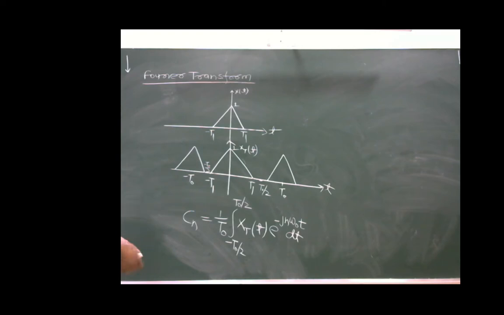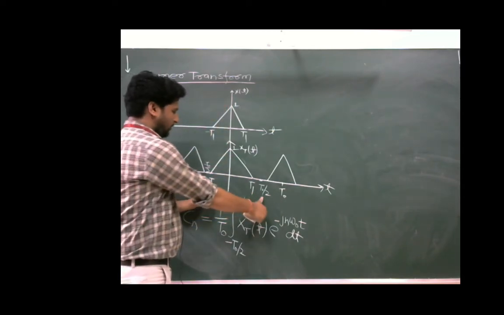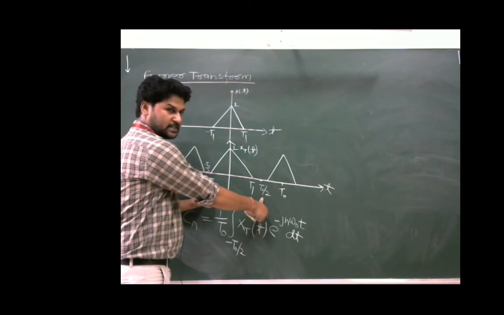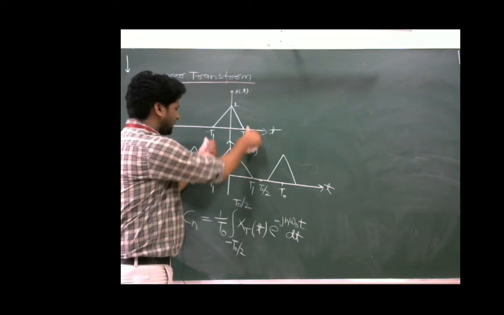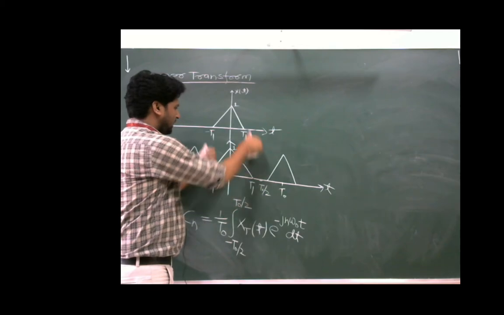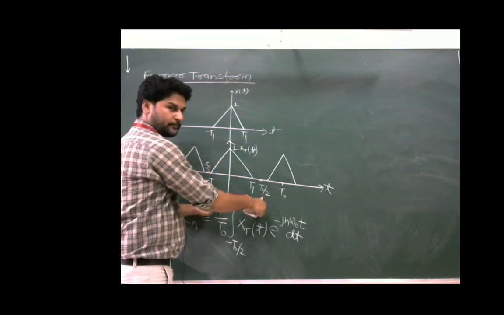Now in this duration from minus T naught by 2 to plus T naught by 2, this signal x sub T can be replaced by this signal x(t), because in this duration these two signals are the same as each other.